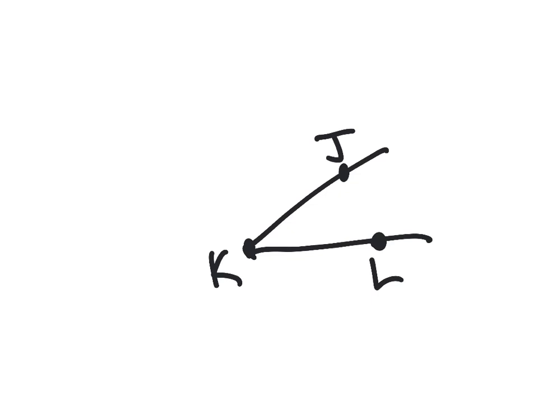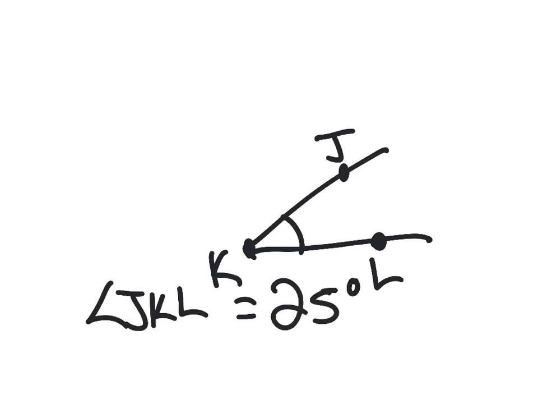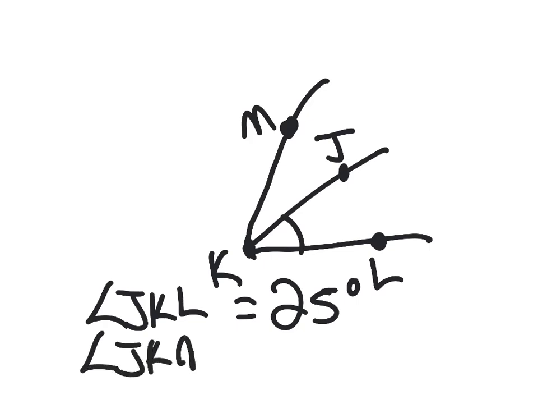So if we figure out that angle JKL measures about 25 degrees, and we have another angle here, we're going to name that one angle JKM, and it equals about 20 degrees.